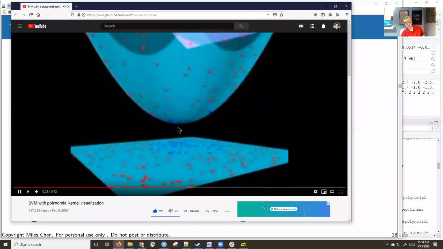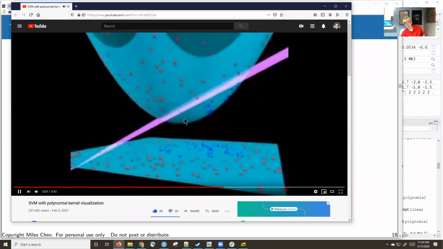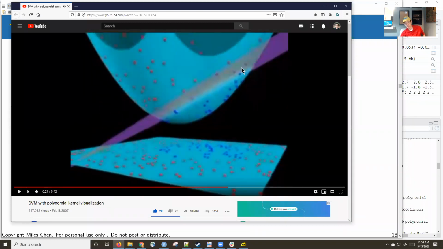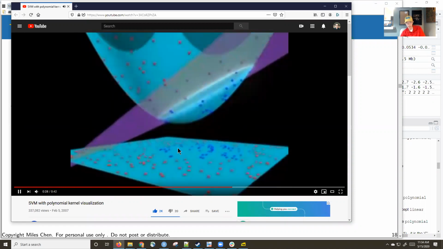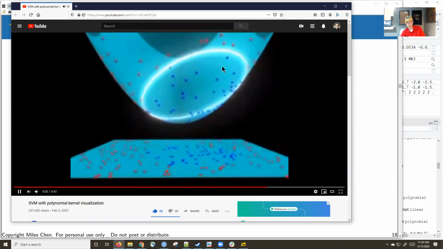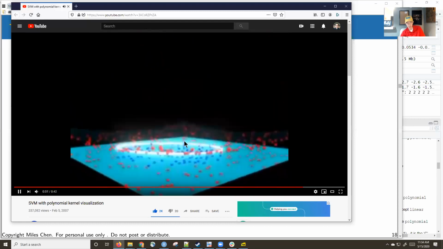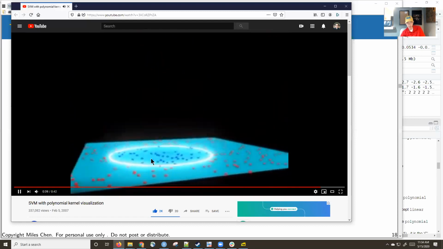And now that it's projected in 3D, we can have a linear hyperplane. A linear hyperplane exists that separates our data, the blue from the red. And with that, we can now see what that hyperplane separation looks like in 2D. It looks like this.